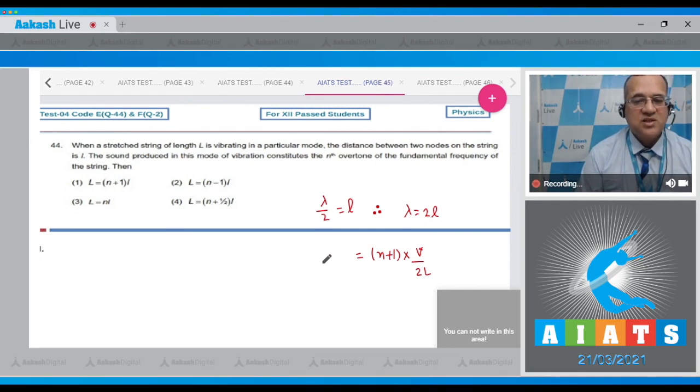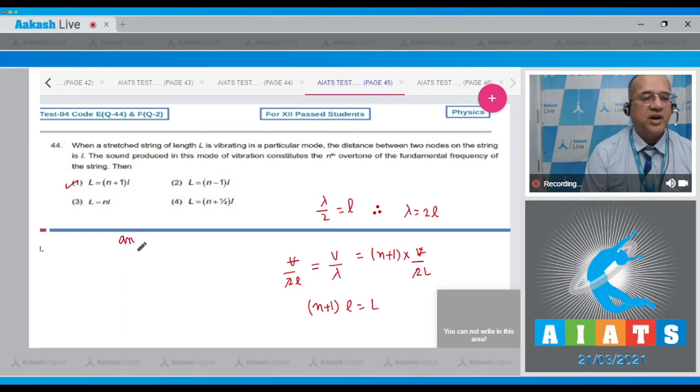And the frequency would be equal to v by lambda, and lambda is equal to 2l. So we solve from here: the 2 cancels with 2 and v cancels with v. Then the relation is n plus 1 into small l is equal to capital L. And the correct option is option number 1.